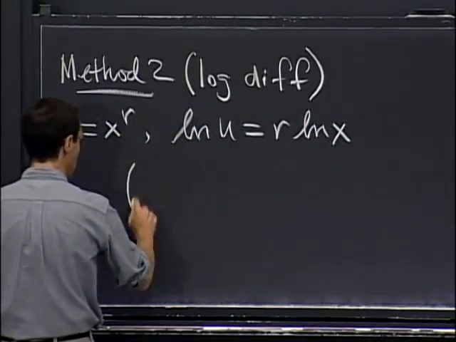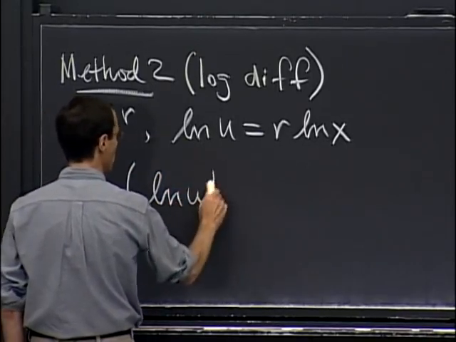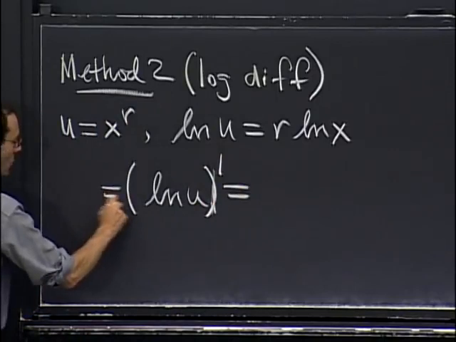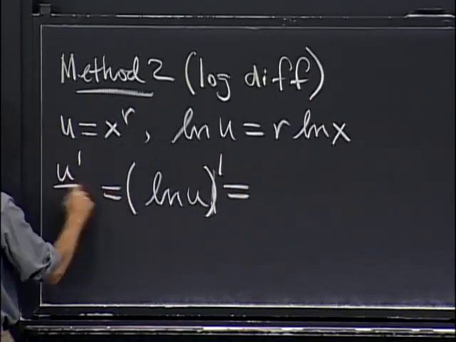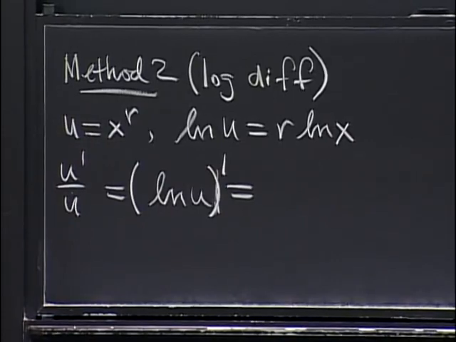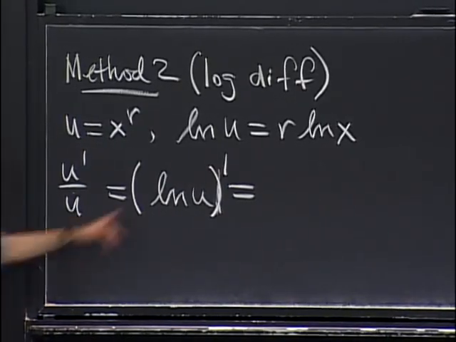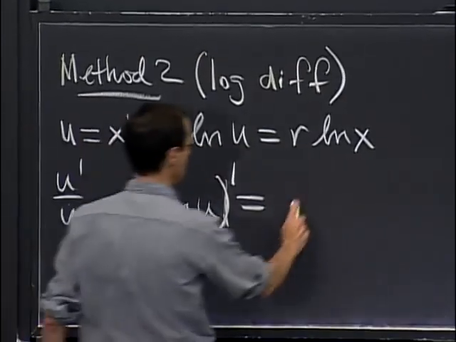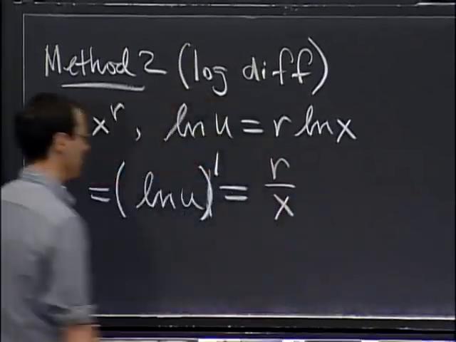I'll leave that in the middle because I want to remember the key property of logarithmic differentiation. But first I'll differentiate it. Later on, what I'm going to use is that this is the same as u prime over u. This is one way of evaluating the logarithmic derivative. And then the other is to differentiate the explicit function that we have over here. And that is just, as we said, r over x.